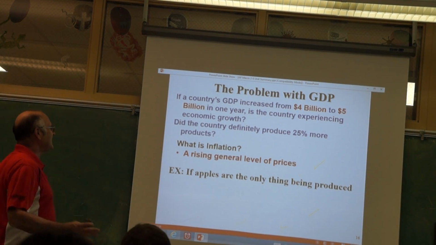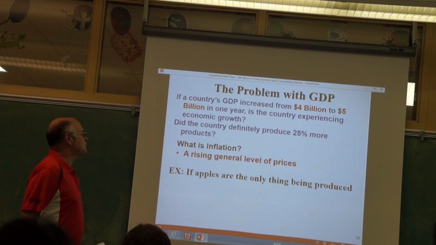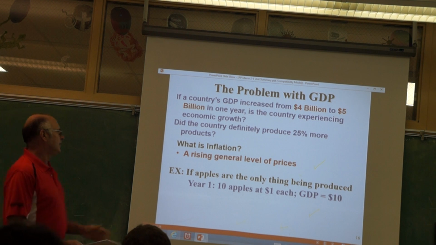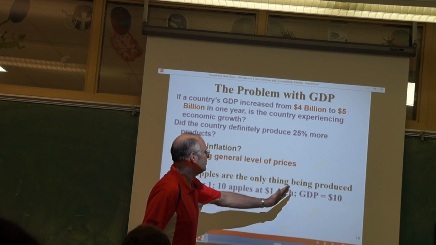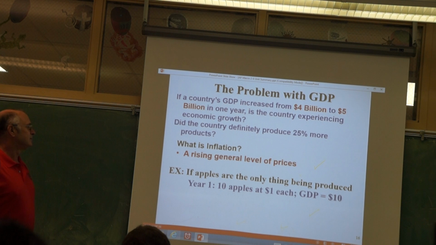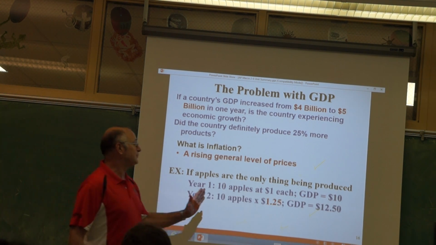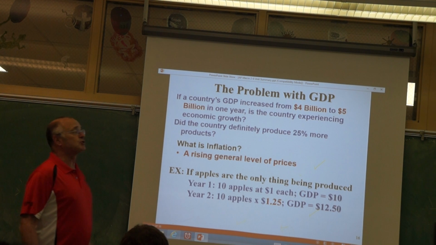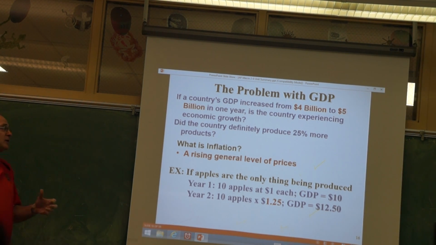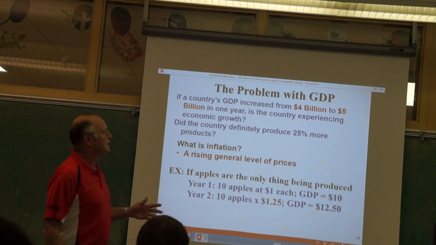So, just to make it easy, if the economy is just apples, and we produce 10 apples at $1 each, the GDP is 10. The next year, if we produce 10 apples at $1.25, the GDP is $12.50. So here, GDP went up, however, we're not producing more.